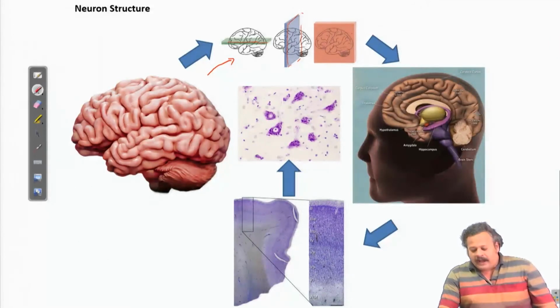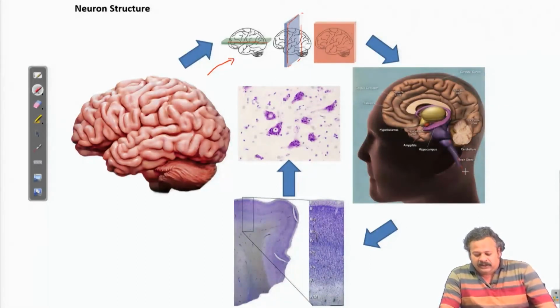And as you can see, there is the midbrain structure and cerebellum, and then brainstem, followed by the spinal cord, which connects to the peripheral nervous system down in the body.